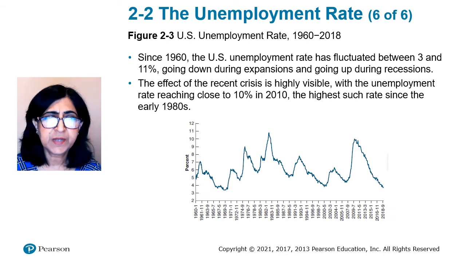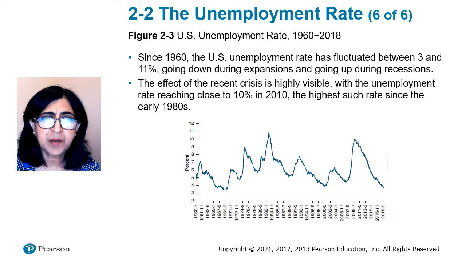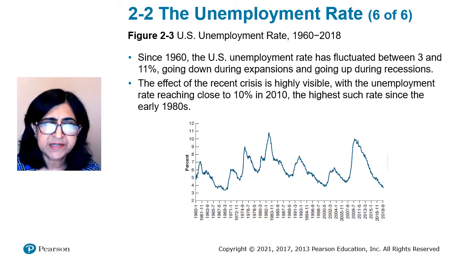Figure 2-3 shows the unemployment rate in the United States since 1960. The horizontal axis represents dates that range from January 1960 to September 2018 in increments of 22 months. The vertical axis represents percent that ranges from 2 to 12 in increments of 1. The line graph shows large changes in trend during the period.